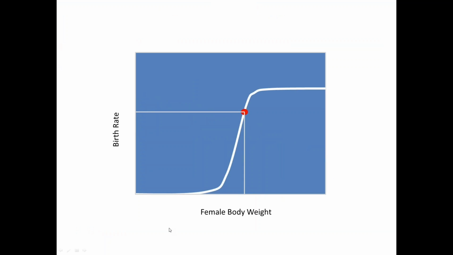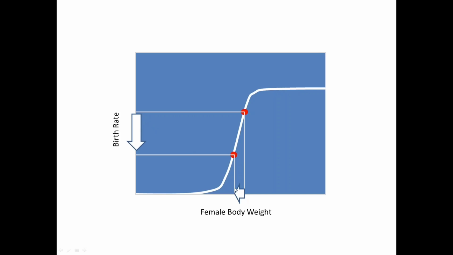There's a relationship between the body weight of a cow and the birth rate, or the probability that that cow will give birth. And this is what we usually call a logistic type relationship, where below a certain body weight, it's very unlikely that a female cow will give birth to a calf the following year. And above a certain body weight, it becomes very likely that that cow will give birth to a calf. And so we can see that if there's a small change to the body weight of a caribou cow, there can be quite a large decrease in the birth rate for that cow, because of the steepness of the slope of this line.